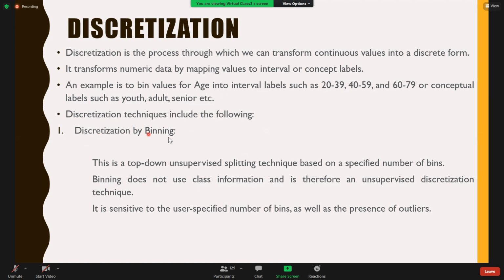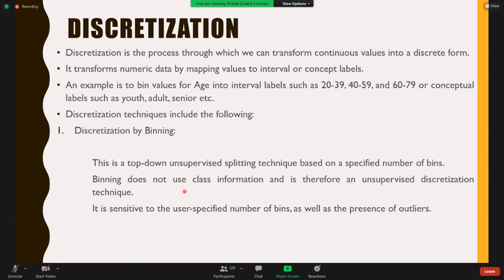We have different discretization techniques. One is discretization by binning. We know the binning technique, right? This is a top-down unsupervised splitting technique. How we split is based on the given input, which is the number of bins. For binning, we are not using the class information of the tuples, so we call it unsupervised discretization.